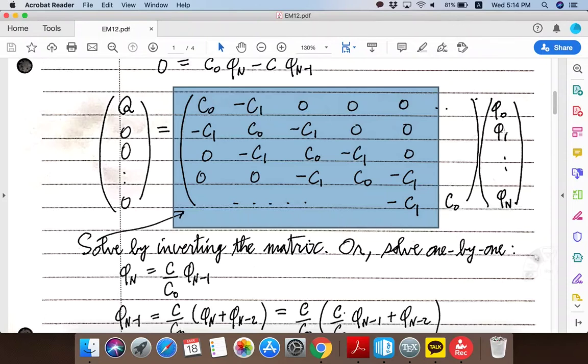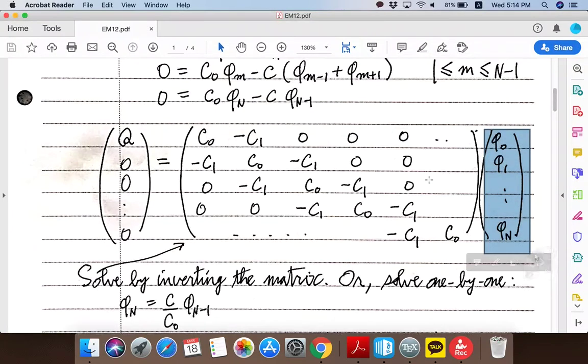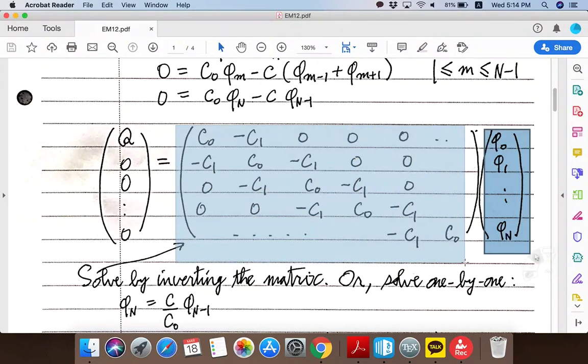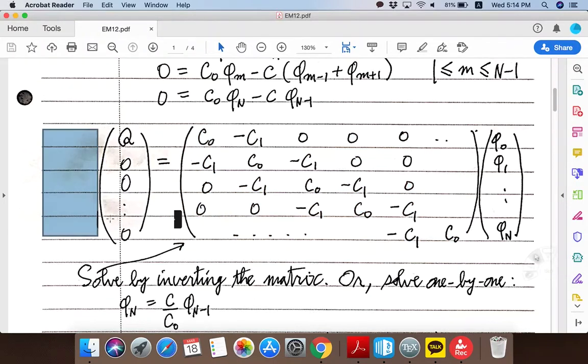Okay, so since the answer we want to get is for these potentials, actually all we have to do is to find the inverse matrix of this capacitance matrix, multiply that inverse matrix over here, and just perform the matrix multiplication, which will then give us the values of all these potentials.